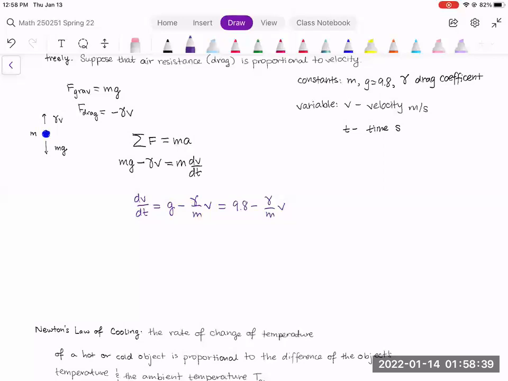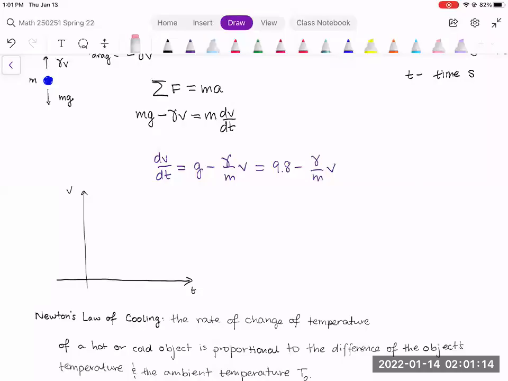We see here that we have this linear function, and the slope in front of the v is negative. So without setting values for gamma and m, we can still get a sense for what's going to be happening.